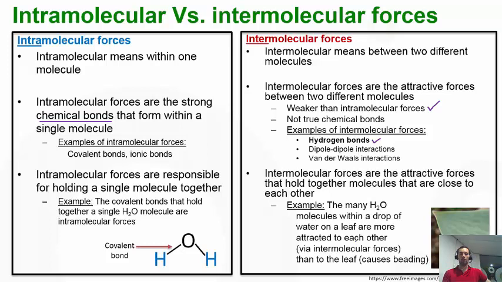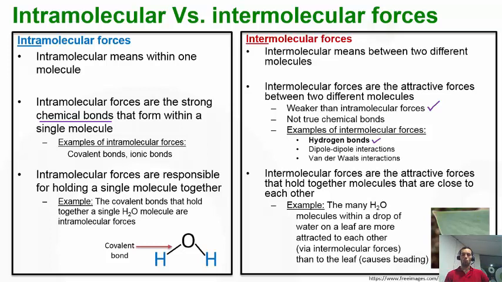So the example we have here is a combination of water molecules within a water droplet. Obviously within that water droplet is going to be a huge number of individual water molecules. And basically there are these hydrogen bond forces that are holding those water molecules quite close together. You can see in the picture here that the water is actually beading, forming this spherical shape.